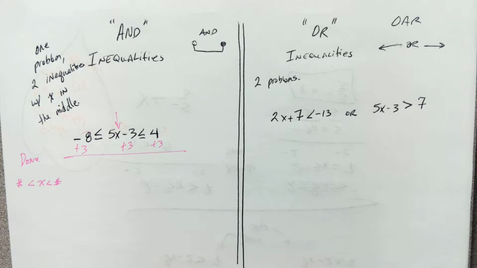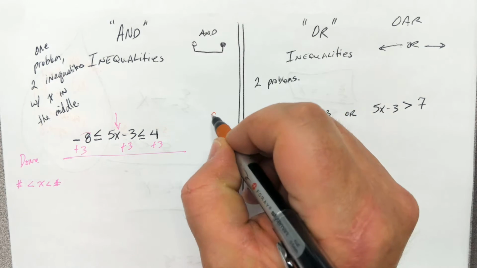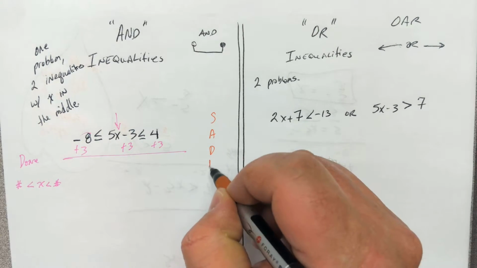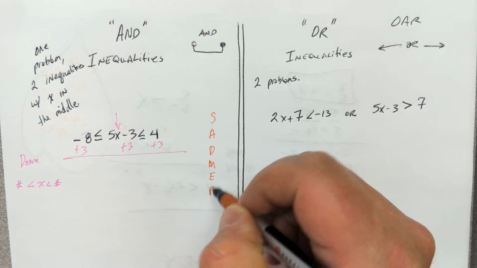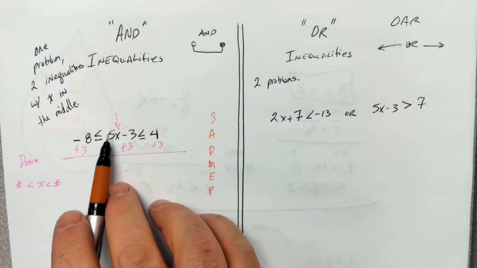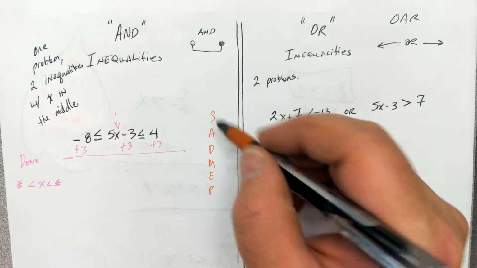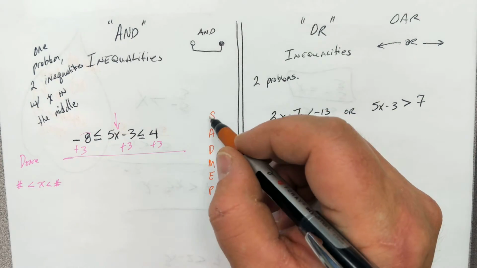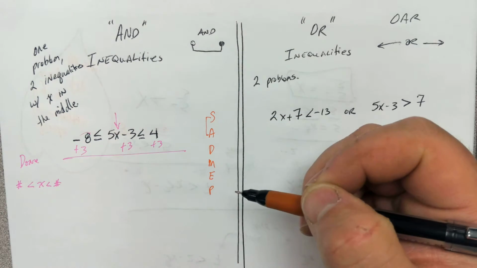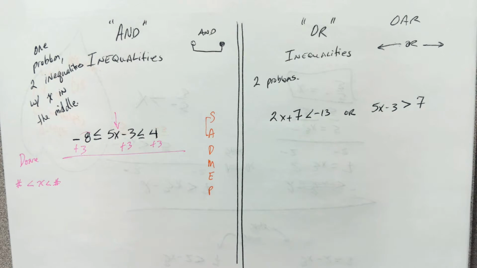Why choose the 3 first? Because it's adding and this one's multiplying. When you're solving, you have to do the order of operations backwards. You have to add or subtract first, because you're doing everything backwards.